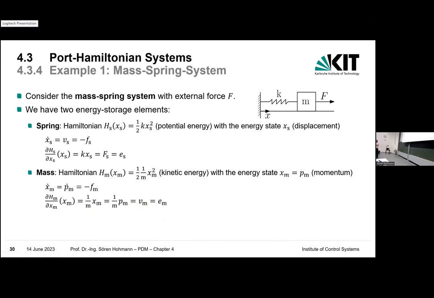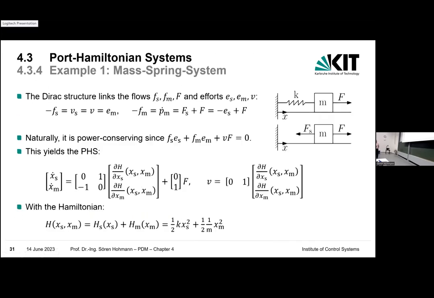Now we group everything together. That's the first step, just defining the elements. What is the routing element? It's the Dirac structure. The Dirac structure says, okay, we have flows which sum up to 0, which in our case is given here, and forces, which sum up to 0, which is given here, obviously power preserving.